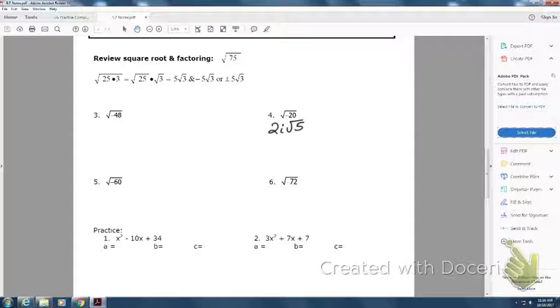Okay. So, since it's negative, I'm going to pull the i out. 72 divided by 36 is what? 2. What is the square root of 36? 6. So I end up with 6i times the square root of 2.